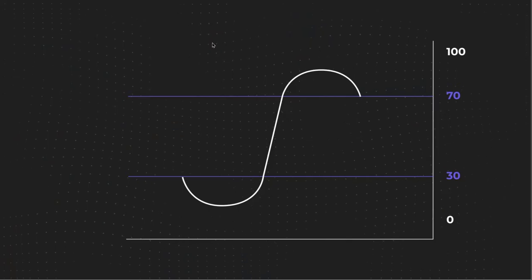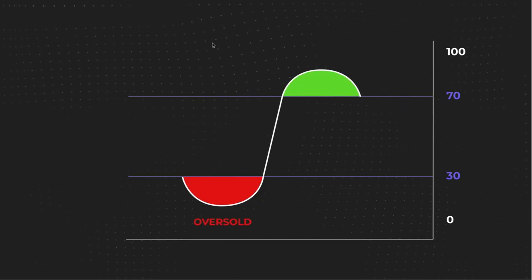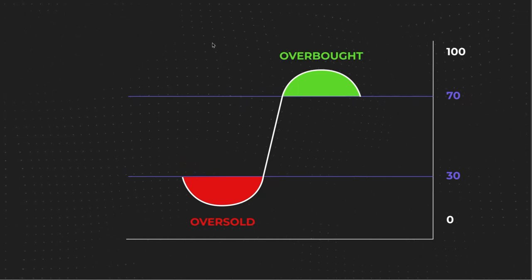So it gives you a sense of the market being in the oversold or overbought region. As a concept, we need to understand that markets can remain in this domain for a long period of time.